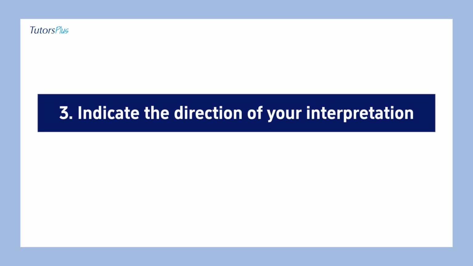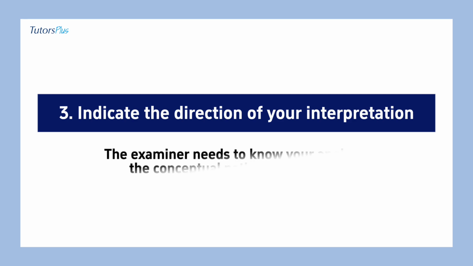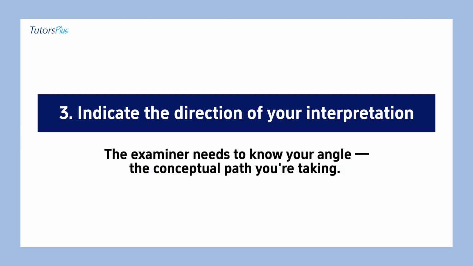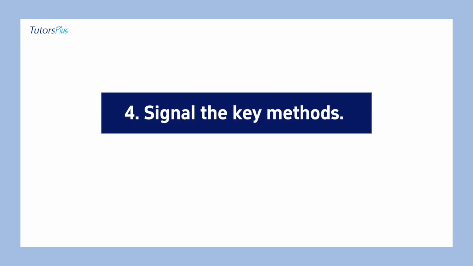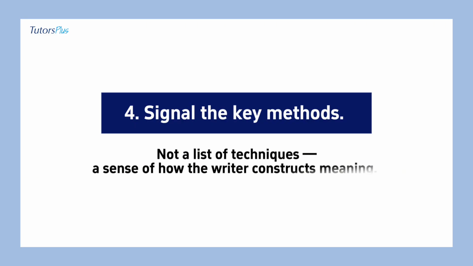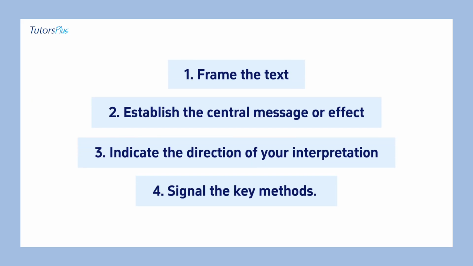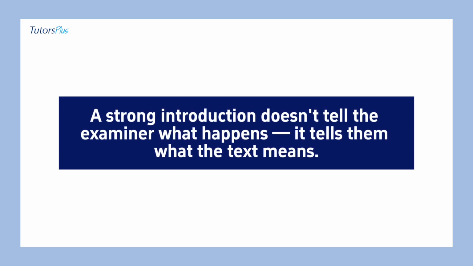You need to indicate the direction of your interpretation. The examiner needs to know your angle, the conceptual path that you are taking. And you need to signal the key methods, not a list of techniques, but a sense of how the writer constructs that meaning. And when these elements blend together, the introduction becomes that roadmap that we're looking for, and not a summary. It doesn't tell the examiner what happens, it tells them what the text means, which is what they're looking for.